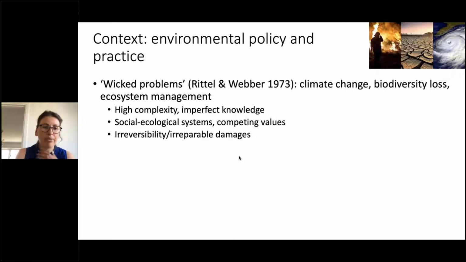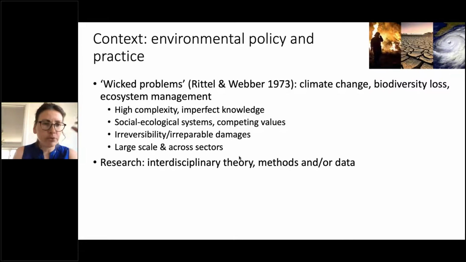We have irreparable damages due to these environmental problems that often cross scales and sectors. And this research is often interdisciplinary in either theory, methods, or data. Interventions introduced to resolve these environmental problems are complex, with multiple components constantly interacting with the environments where they are introduced.